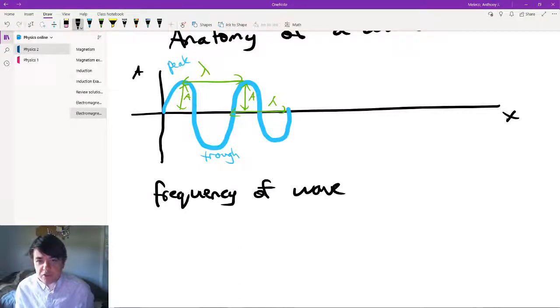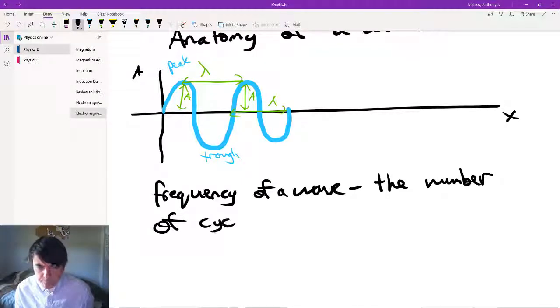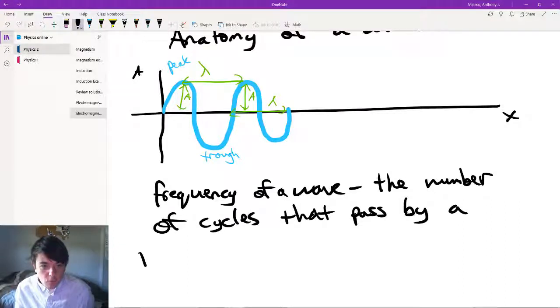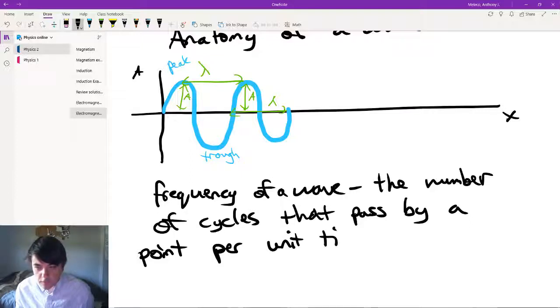So the first definition actually isn't displayed here. It's the frequency of a wave. And this is the number of cycles that pass by a point per unit time.